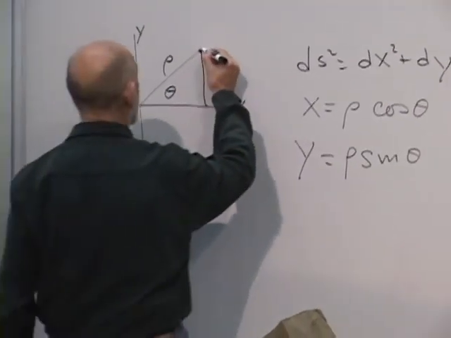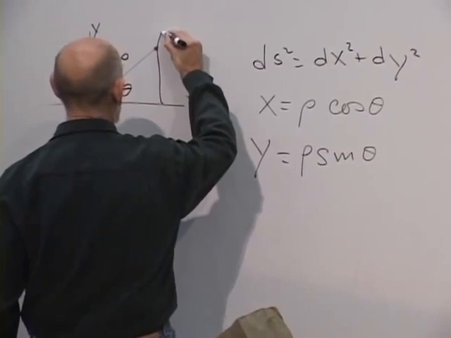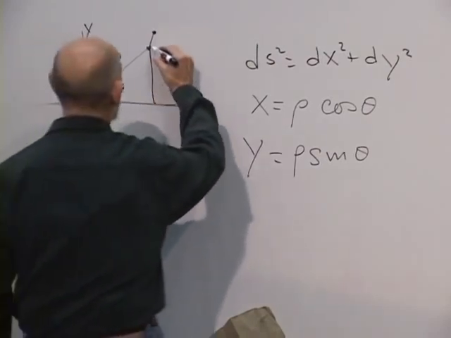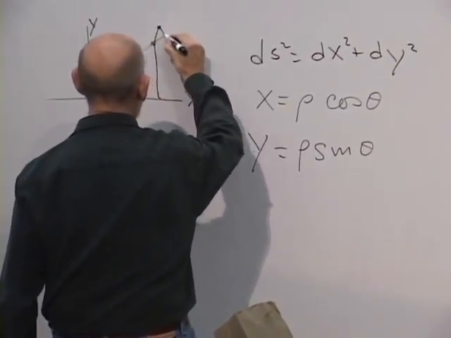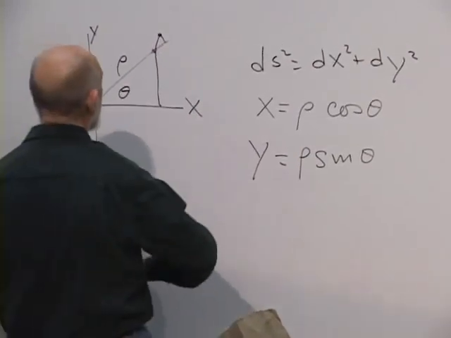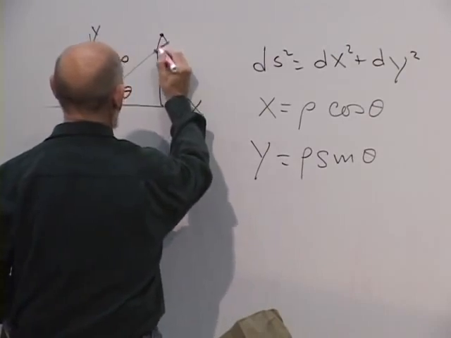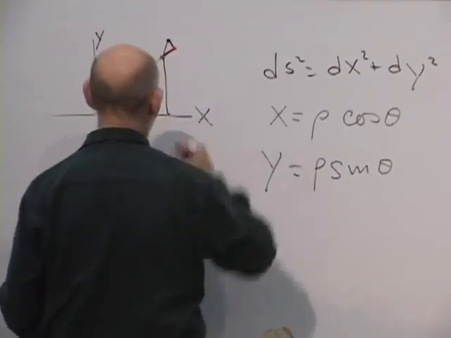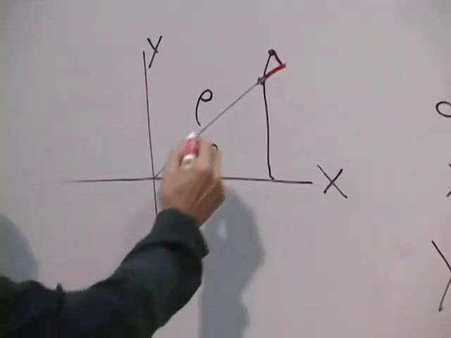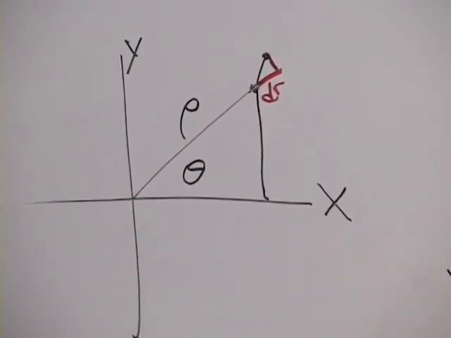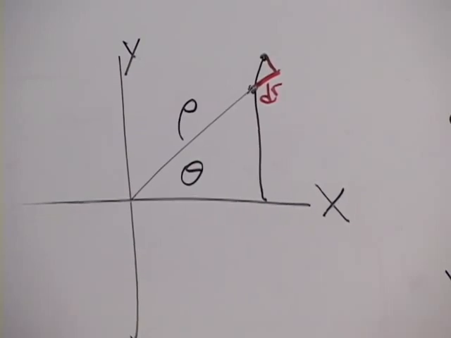Now what about the metric in terms of rho and theta? Supposing we start at this point over here and we make a little excursion over to here, a little differential displacement, and that little differential displacement corresponds to changing rho a certain amount. The red line here is d rho, and the other red line here, how long is that? This distance here is just d rho, but what about the distance perpendicular to it? Is it d theta? Rho d theta.